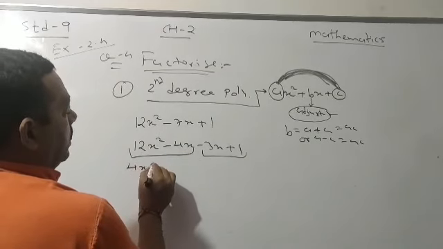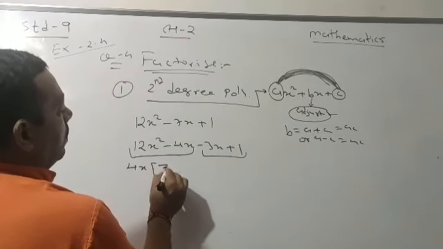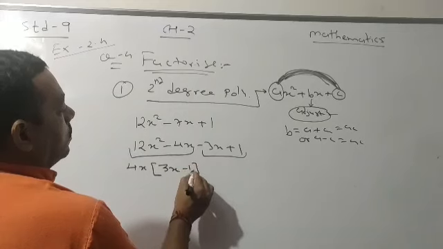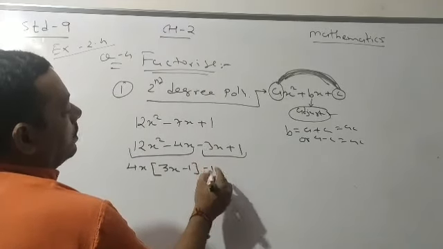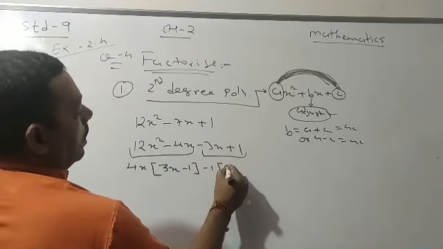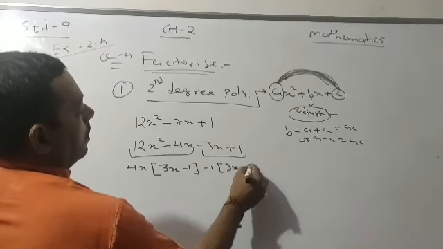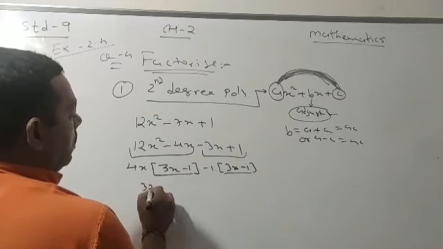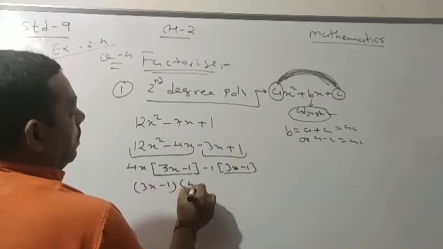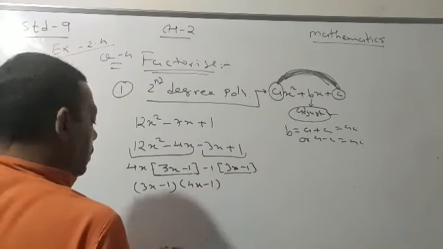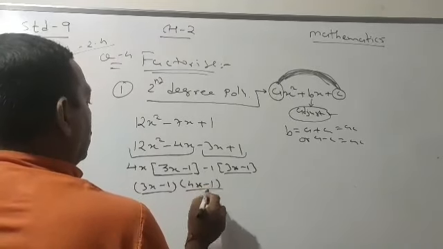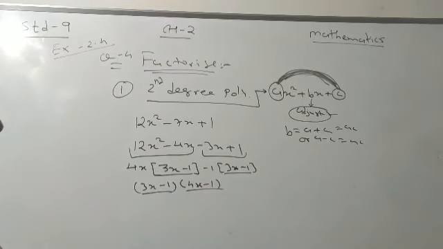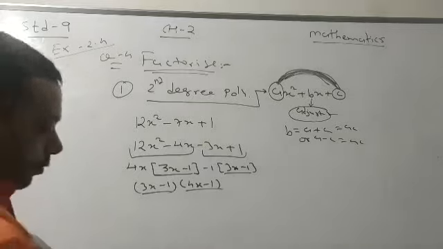Definitely 4 as well as x. What is left? 3x minus 1. If I take the negative sign common from these two, again 3x minus 1 is left. So finally 3x minus 1 is common, and 4x minus 1 is the other factor. So 3x minus 1 and 4x minus 1 is the answer for this polynomial.